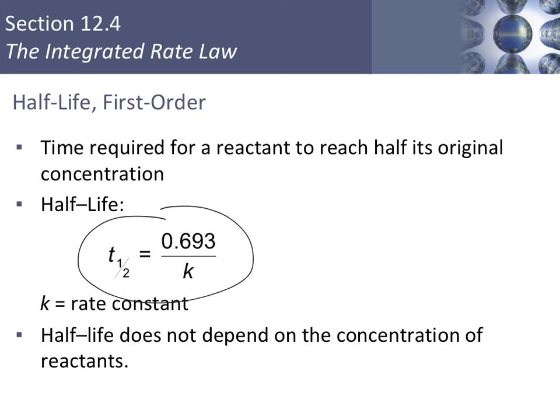So here k is still the rate constant, and t represents the half-life, so it's called t 1/2. Notice how concentration is not part of this equation. This equation is also on the AP Chemistry Equations and Constants sheet that is provided on the exam. If we know the rate constant for a reaction, then we can just substitute that in and solve for the half-life.